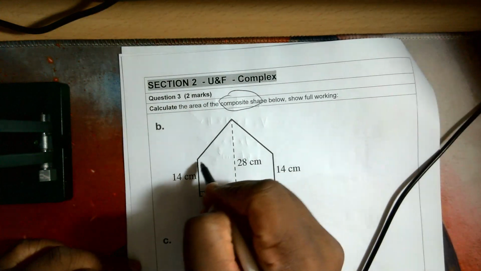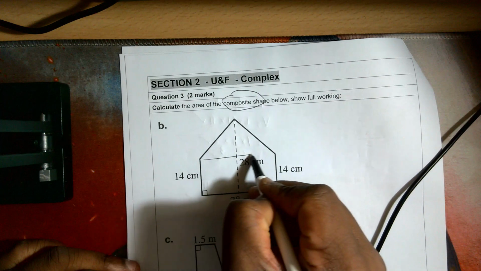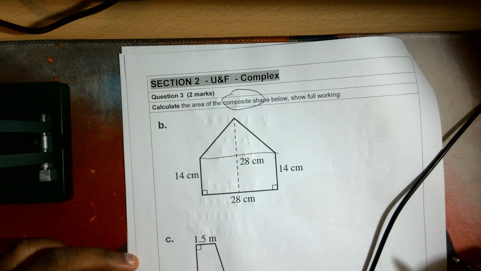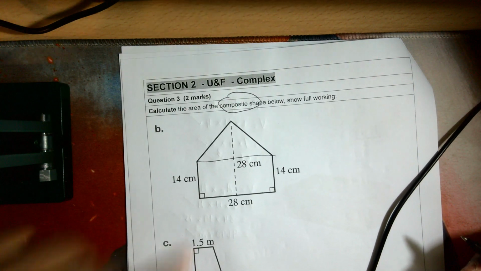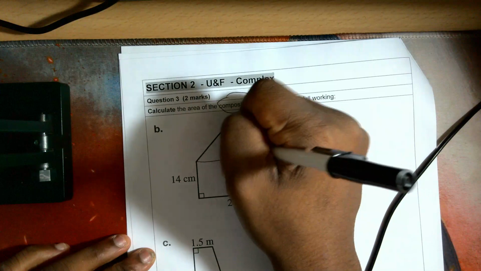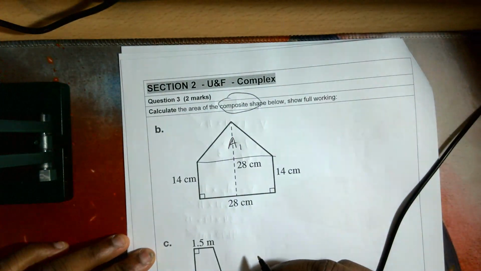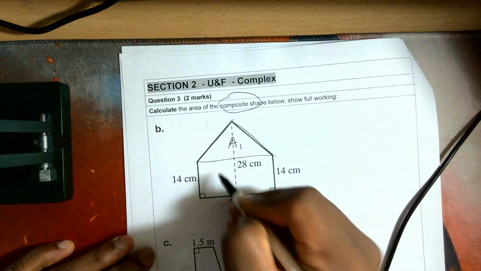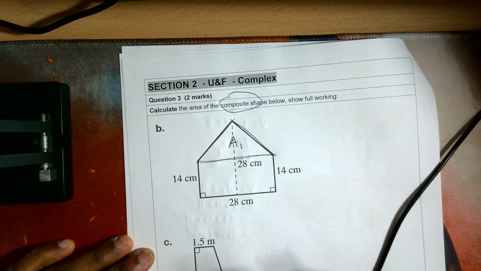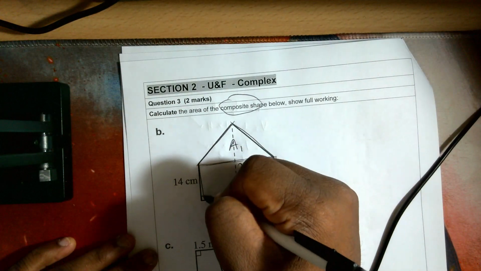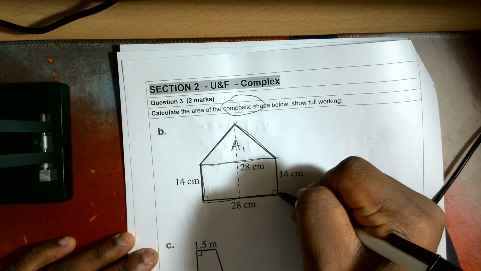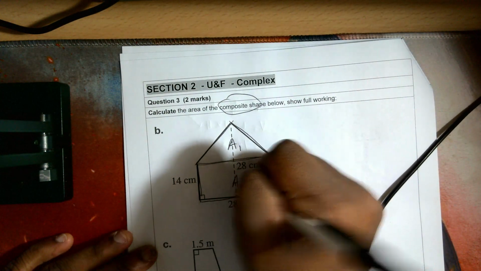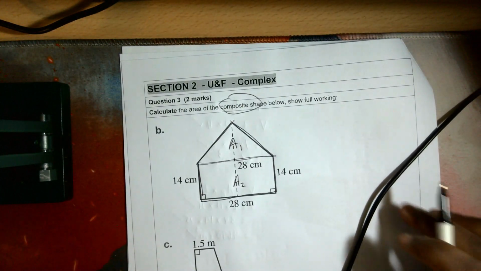So to me, if I put a line through here, I see a triangle and a rectangle. So to find the area of this shape, I'm going to find the area of this triangle here, and then I'm going to find the area of the rectangle there. So let's call that A2, and then we're going to add them together.